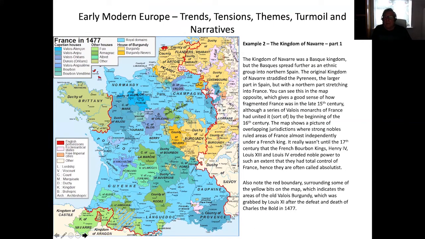Right. So that's Burgundy. Burgundy, as I said, had gone by the start of the early modern period. Then I thought the second example is the Kingdom of Navarre. What you can see is France in 1477 on the map. If you look at it again, you can see something that's quite the same sort of mix as Burgundy.